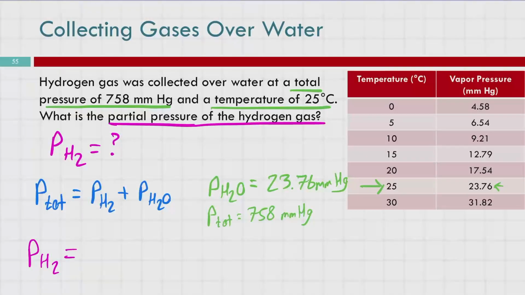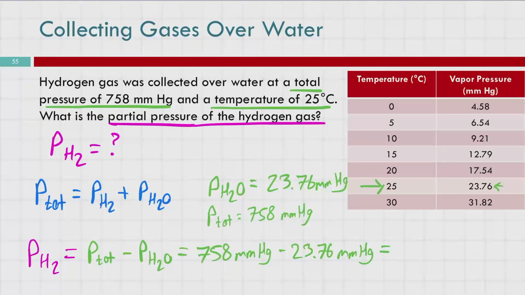Our pH2 is the total pressure minus the pressure of the other component, water. So 758 minus 23.76. And it's 734 mmHg.